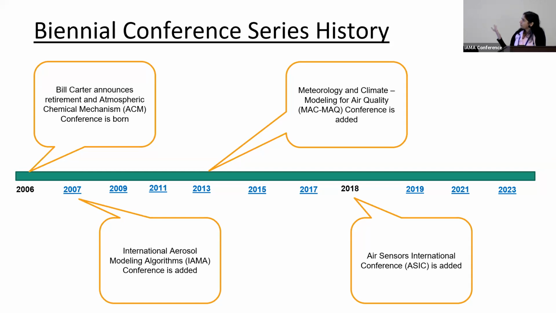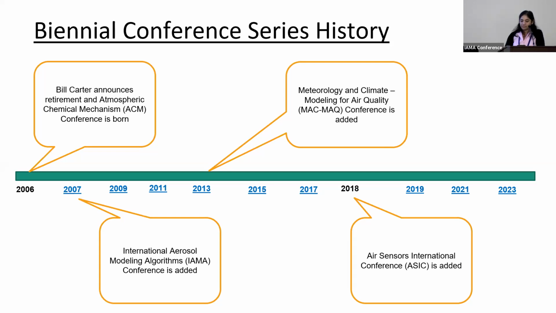And so in 2013, the McNeill Meteorology and Climate Modeling for Air Quality Conference was added. The idea behind McNeill is to bring together meteorologists and air quality modelers to put a spotlight on meteorological issues that are particularly important to air quality, but may not necessarily be a major focus in the general meteorological community.